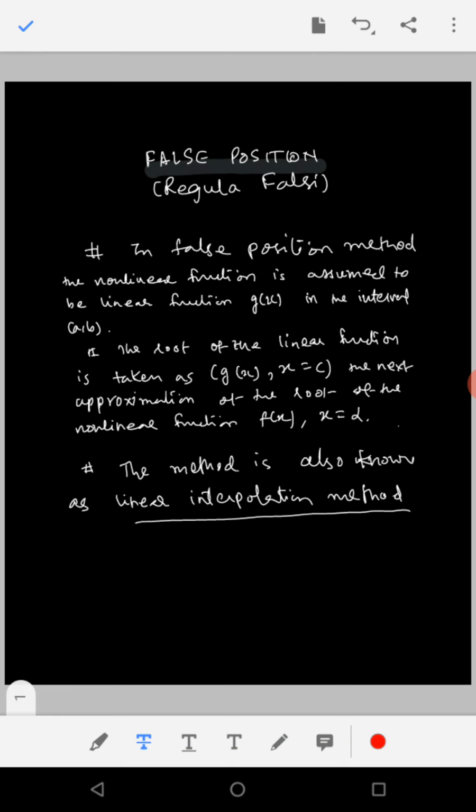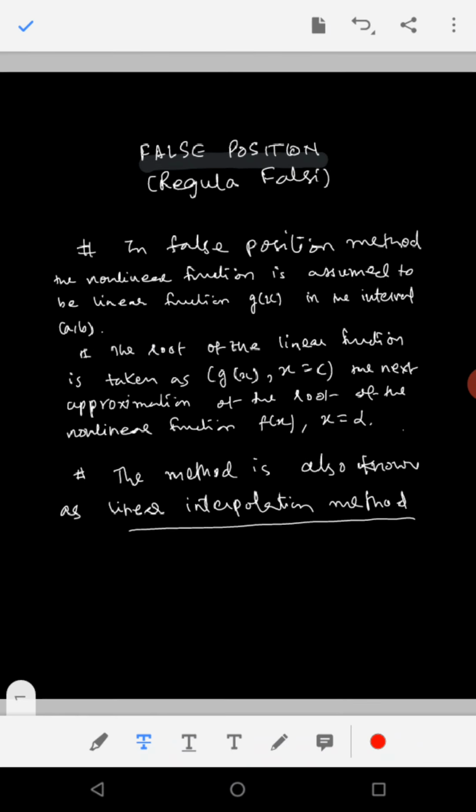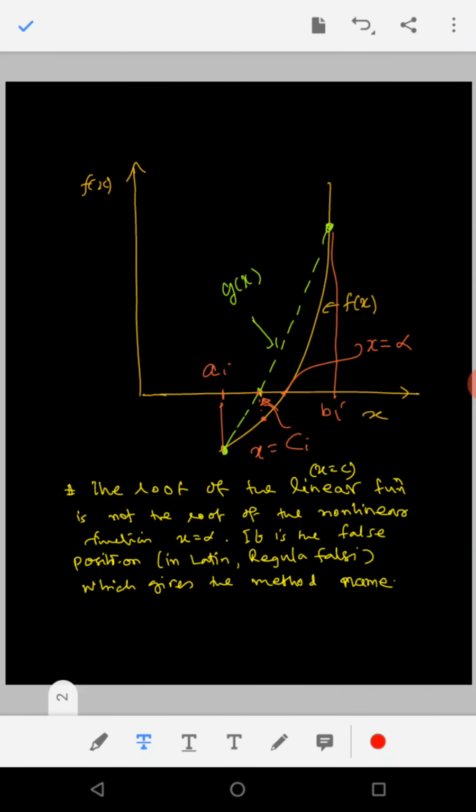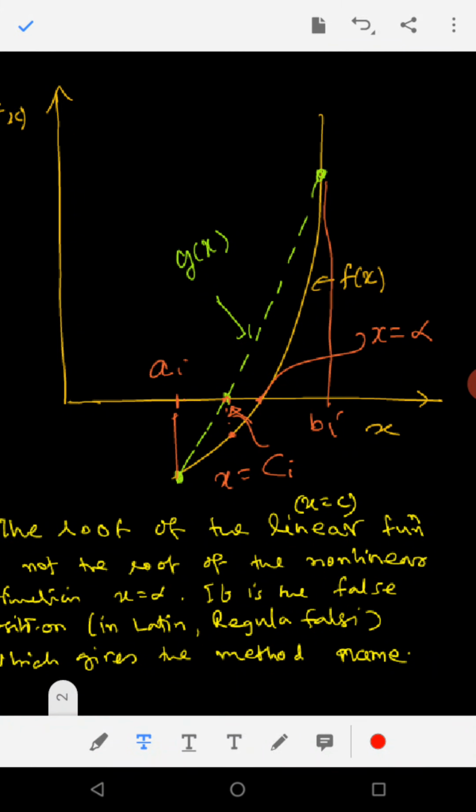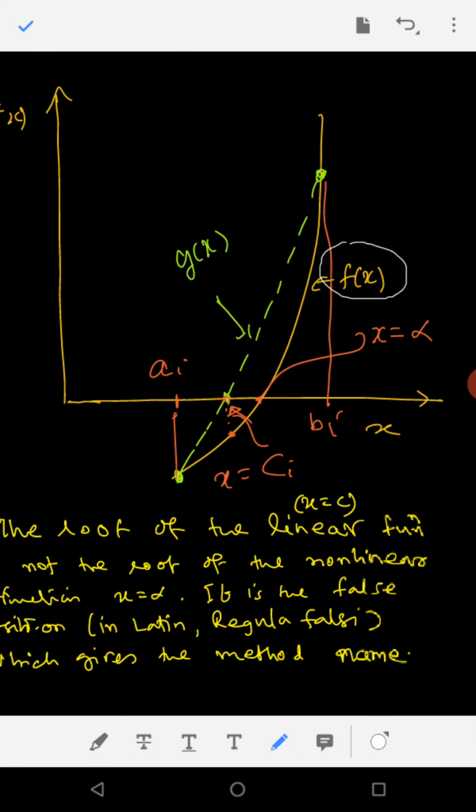In the false position method, let's say f(x) is a non-linear function, as shown in this figure. We assume that this function is, instead of non-linear, linear, and whatever root this linear function has, where it crosses the x-axis, you can see here, at any point c.